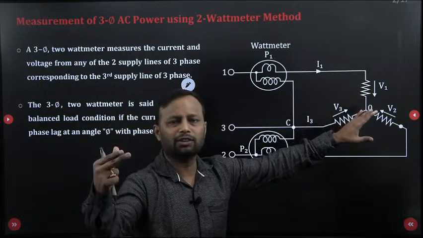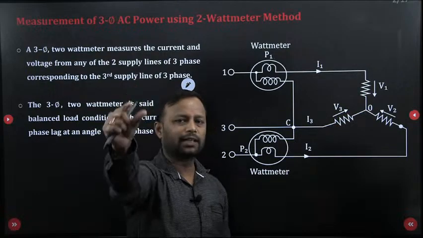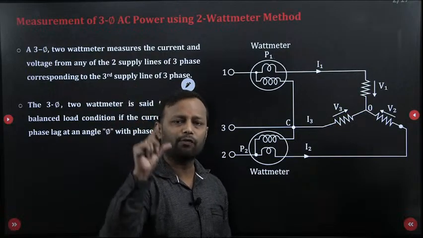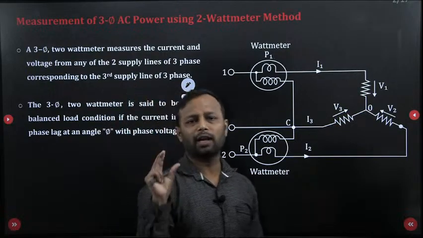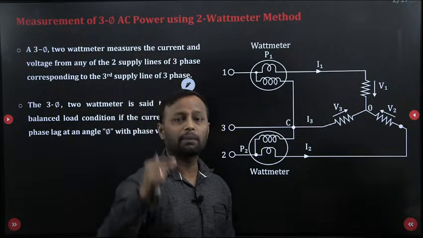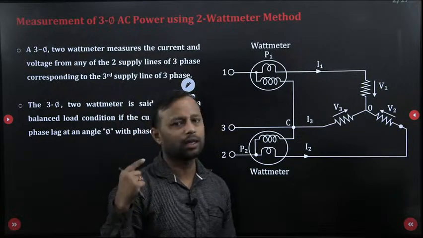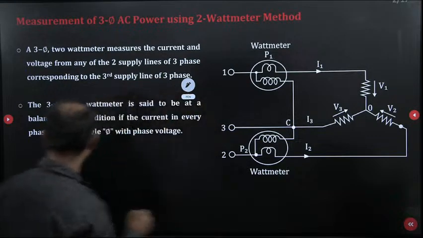So what do you mean by balanced source? It means that for phase A, phase B and phase C, the magnitudes are the same, as well as the phase displacement between the respective phases is 120 degrees.